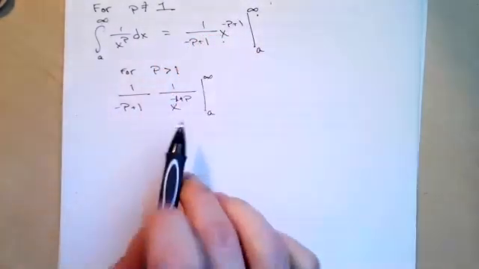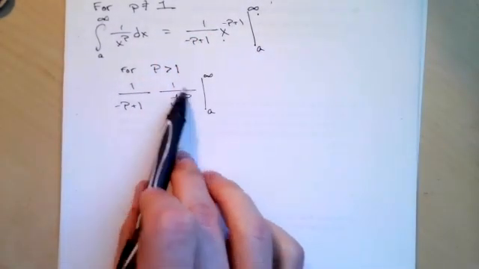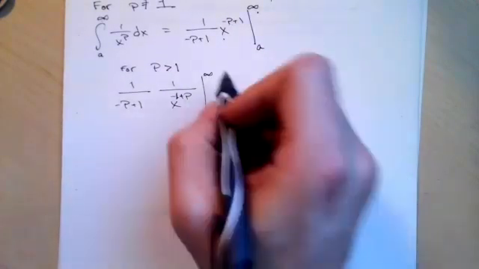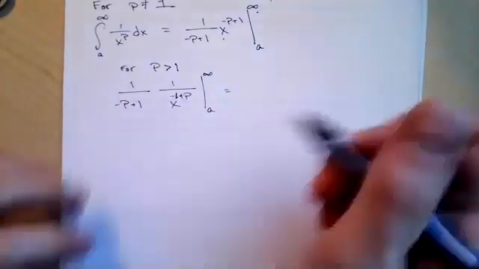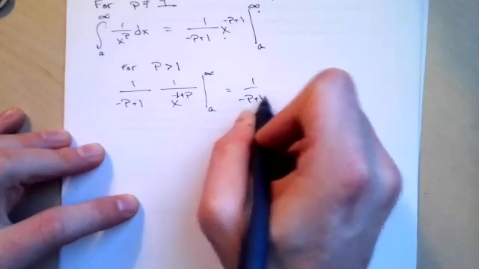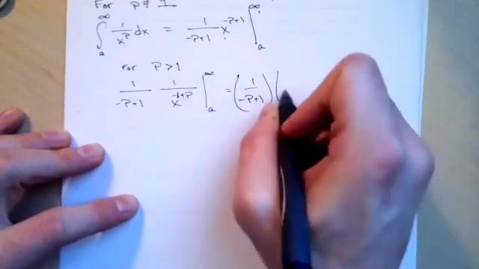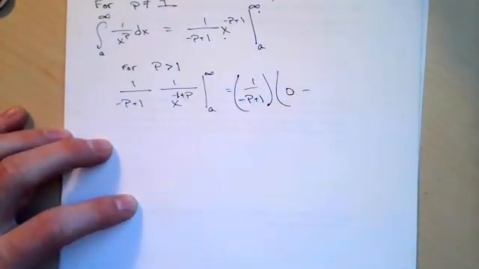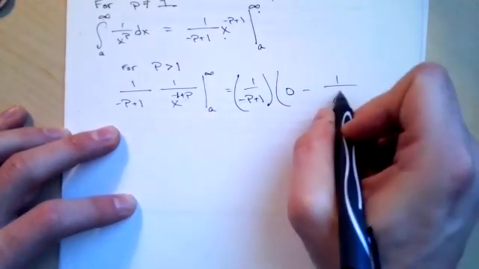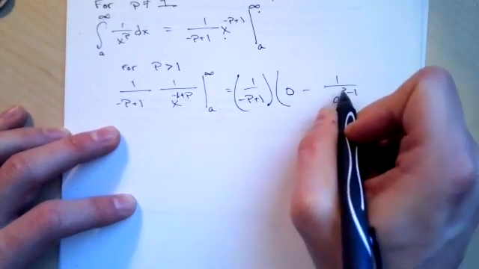Since p is bigger than 1, this exponent is positive and in the denominator, so when I plug in infinity it decays to 0. So we'll have 0 minus 1 over a to the p minus 1.